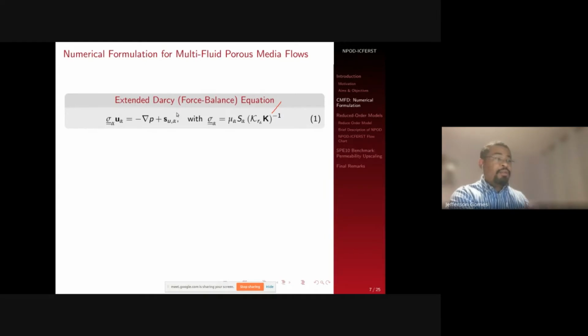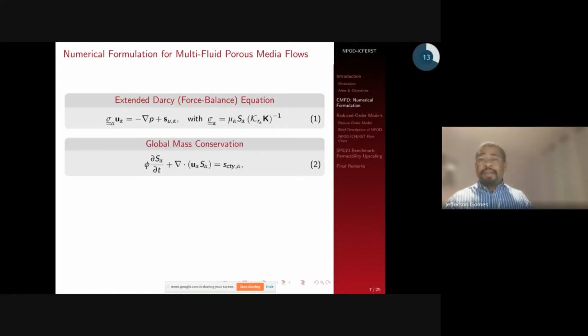This equation is also called force balance; it balances the Darcy velocity, the U, and the pressure of the reservoir. So the whole movement inside the reservoir is controlled by this very simple equation. It looks very simple, but is extremely difficult to calculate because of the level of uncertainty about these two parameters here.